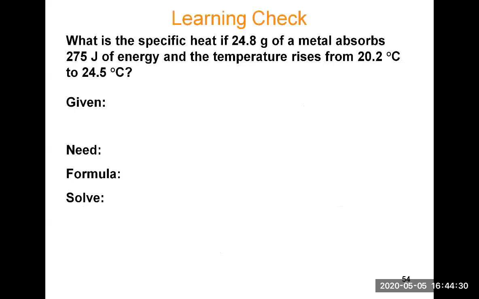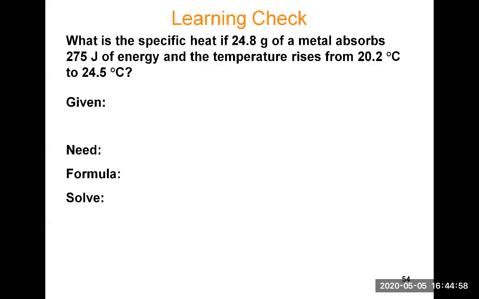So let's go through a learning check to see how we use this formula of specific heat. What is the specific heat if 24.8 grams of a metal absorbs 275 joules of energy and the temperature rises from 20.2 degrees Celsius to 24.5 degrees Celsius?